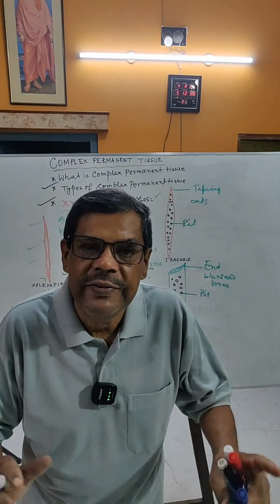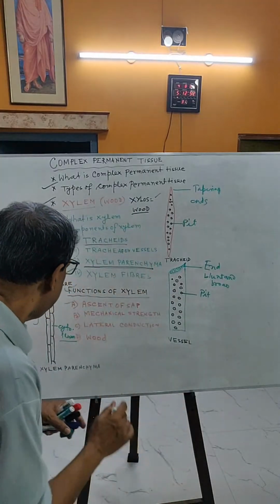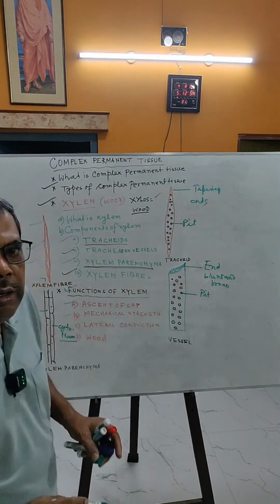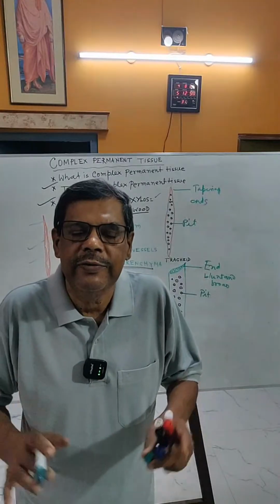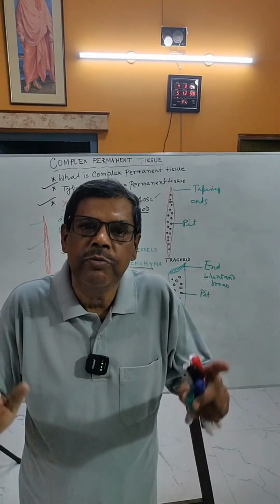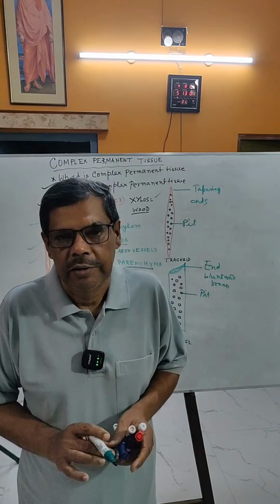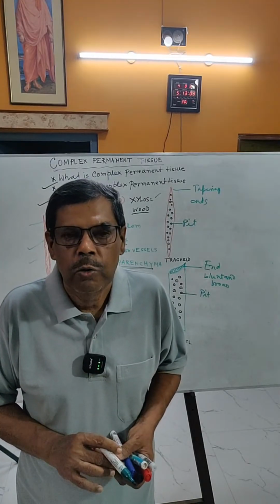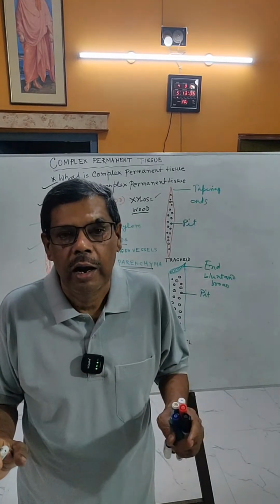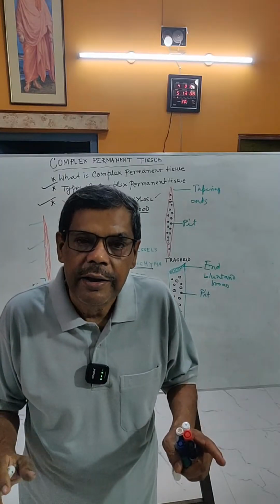This is called ascent of sap. Next, mechanical support. Of the 4 types of cells, 3 types have secondary growth, with secondary walls present, and are dead.